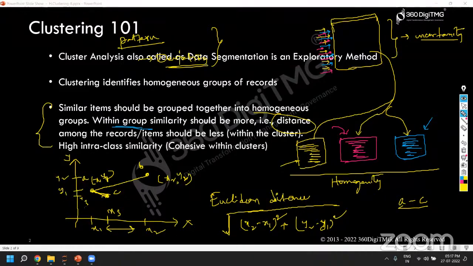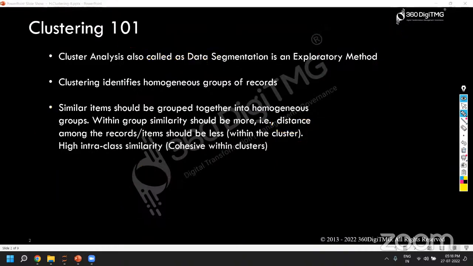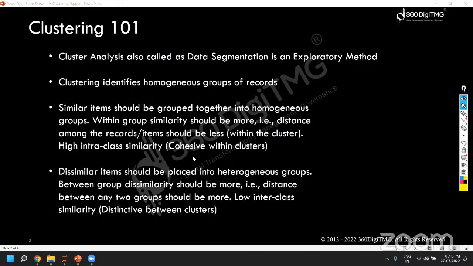Similarly, from y1 to y3, the distance is less. When the distances are less, you can clearly say that the characteristics of the data might be similar. So from that perspective, distance is used to quantify the similarities. And clustering is all about capturing that distance between the data points.